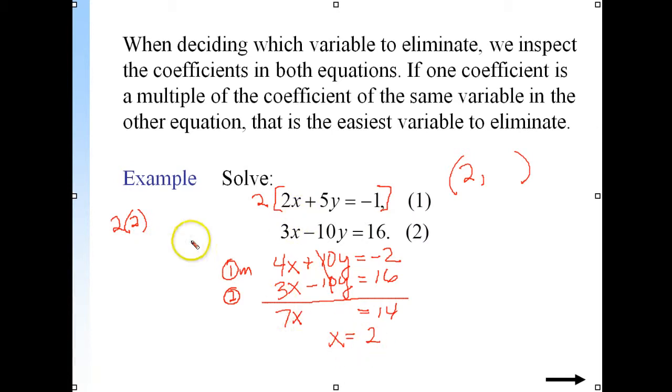We just found out that x is 2, plus 5y equals negative 1. So this is going to be a positive 4 plus 5y equals negative 1. Transpose the 4, it becomes a negative 4, so I have 5y equals a negative 4 and a negative 1, which is a negative 5. Divide both sides by 5, I get y is a negative 1. So there's my other pair member.